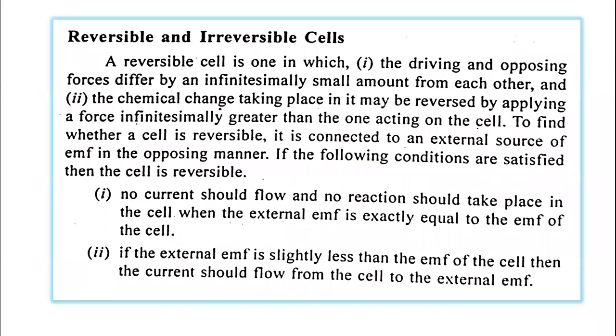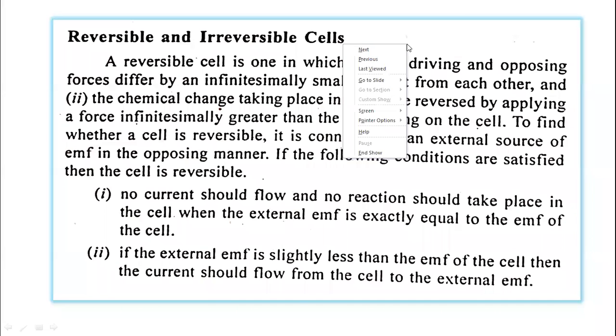First, the reversible reaction and irreversible reaction. A reversible reaction is one where the reactant reacts, a product is formed, and that product is converted back to the reactant also.